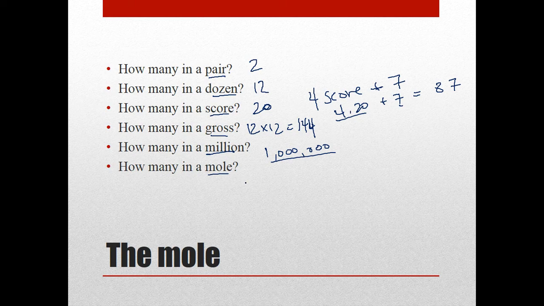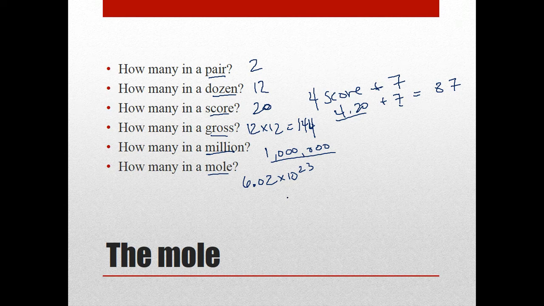How many things do I have if I have a mole of them? Well, I have 602 sextillion. If I have a mole of books, I have 602 sextillion books. If I have a mole of Band-Aids, I have 602 sextillion Band-Aids. Usually we don't count big things with the mole because you can imagine how many Band-Aids 602 sextillion Band-Aids would be.